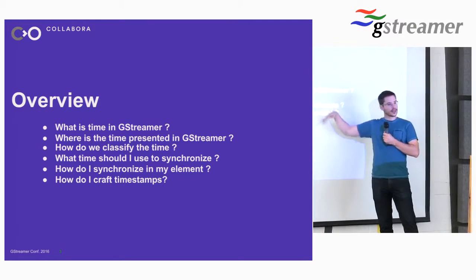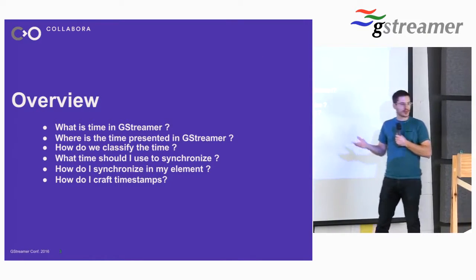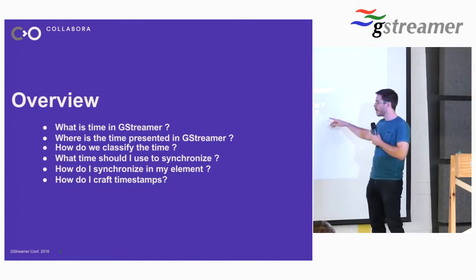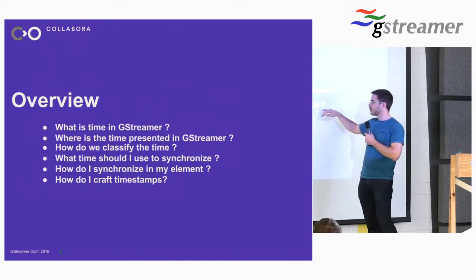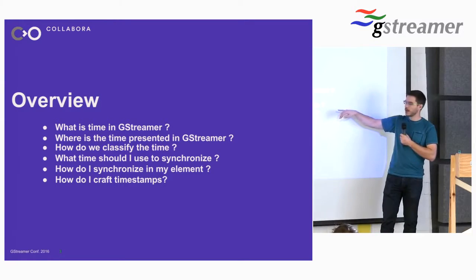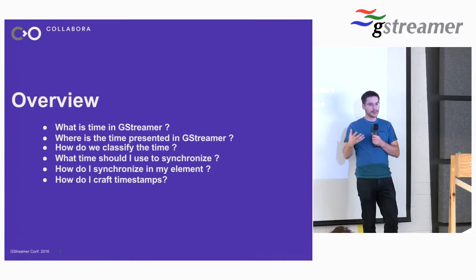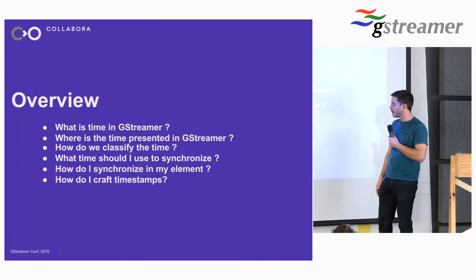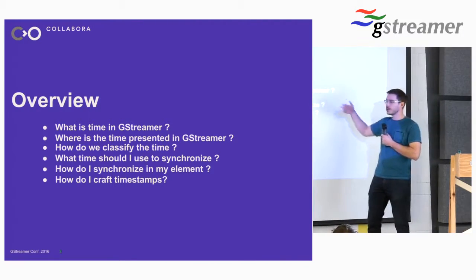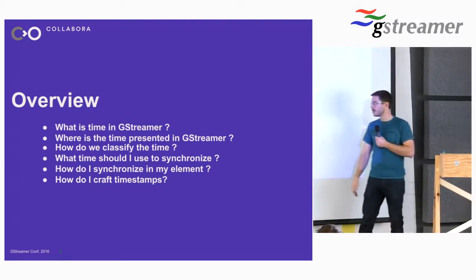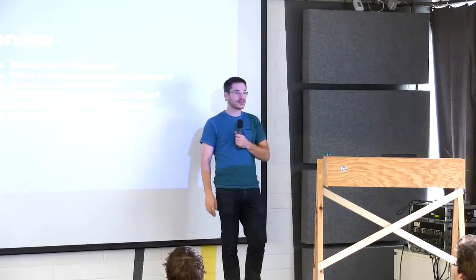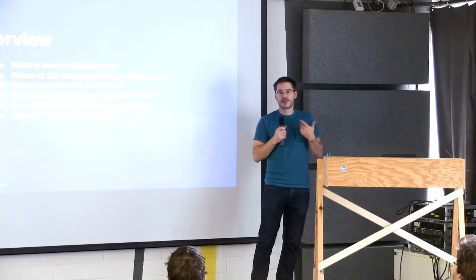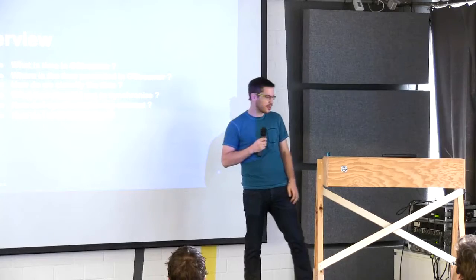Some of it is already in the documentation, some is not. Maybe it would be good to do an exercise of updating the documentation afterward. We'll also have an overview of how to synchronize with time in GStreamer in an element, which time to use to synchronize, and finally we're looking at a big question that comes back all the time: how do I craft a timestamp so it works in GStreamer.